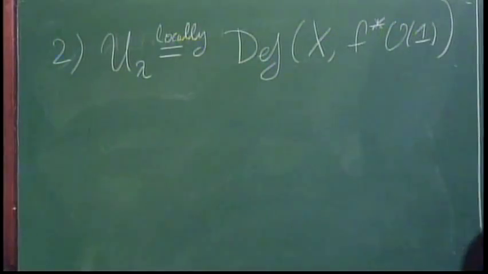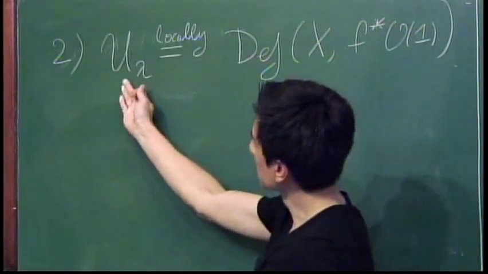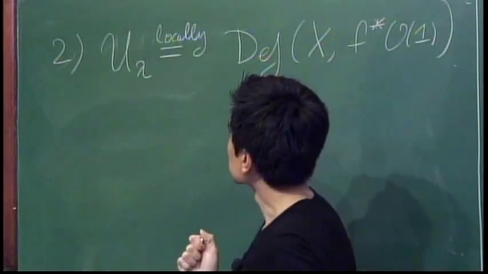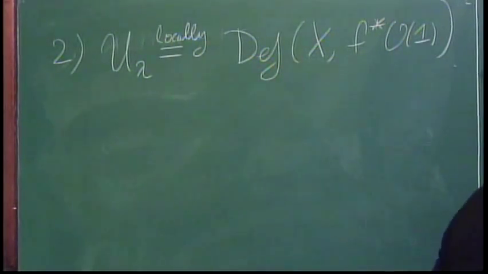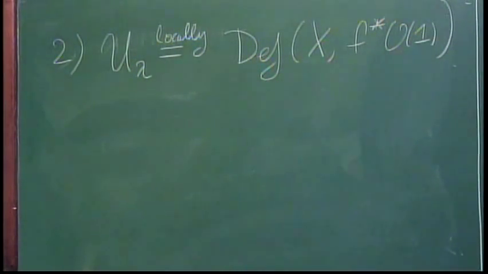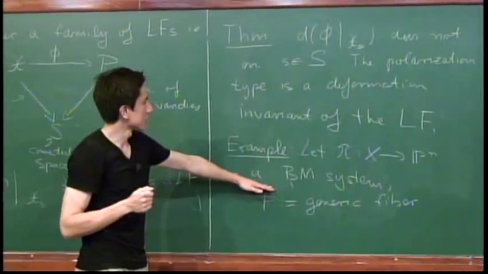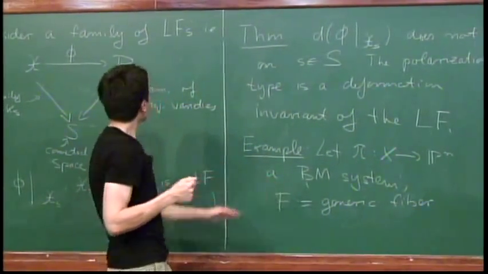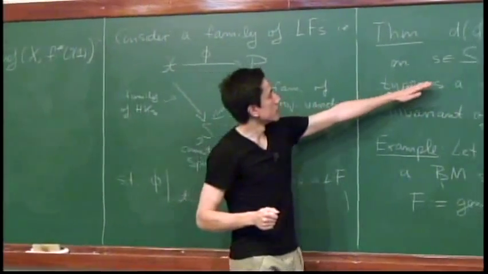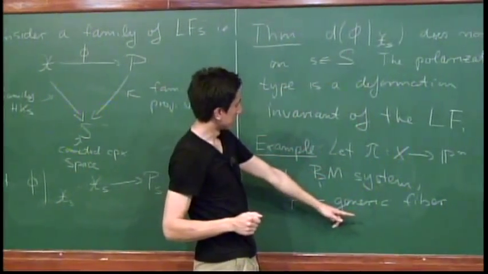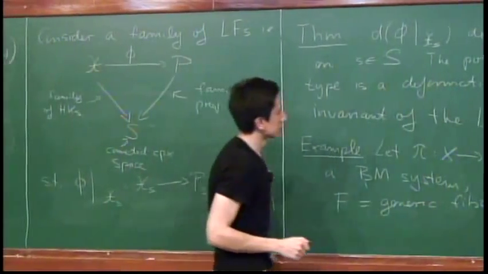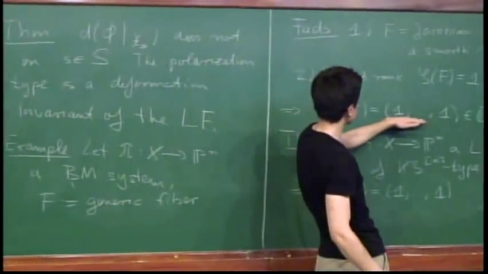So now the idea is, okay, we have a Lagrangian fibration f: X to P^n, and it is contained in such a connected component, U_lambda, and then we show that we also have in there a Beauville-Mukai system, and then this theorem implies that it must have the same polarization type as a Beauville-Mukai system, which is principal.